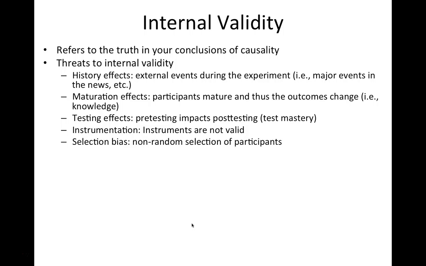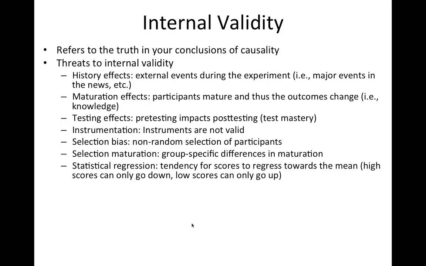Selection bias, we may have non-random selection of participants or group-specific differences in maturation if our groups are not equivalent in some ways. We're always dealing with potential regression to the mean, so the tendency for scores to, so high scores can only go down, low scores can only go up, and regression to the mean is something that we see more generally in research.